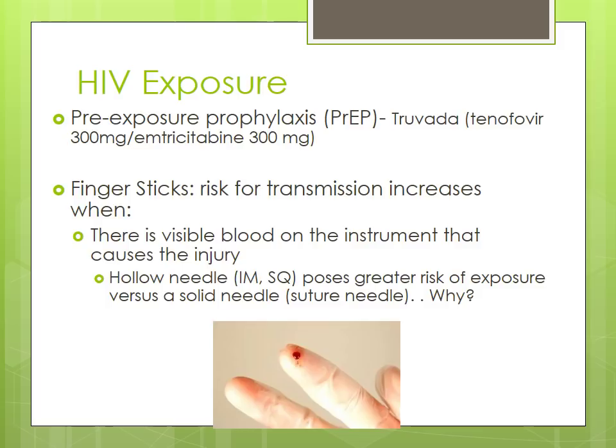And serodiscordant means that one partner is HIV positive, one's HIV negative. They take medication once a day, the Truvada. It doesn't protect them against developing the disease 100%. They're still at risk, but it reduces their risk. So they do need to still practice safe sex practices.